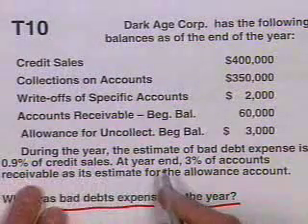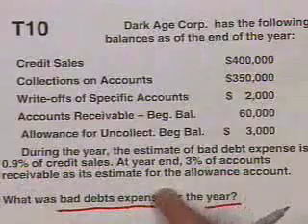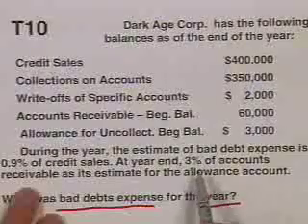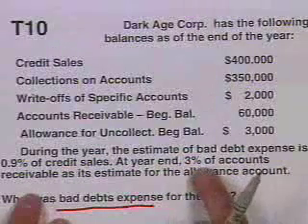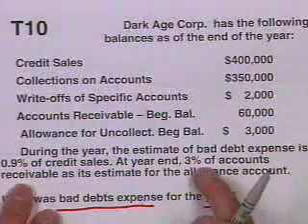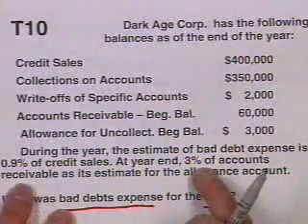Then at the end of the year, when they have time to evaluate and look at what their receivables actually are, they go back, analyze receivables, and in the past they have determined that roughly 3% of their accounts receivable is a reasonable estimate for how much is going to go bad.